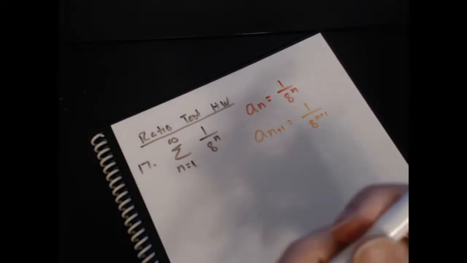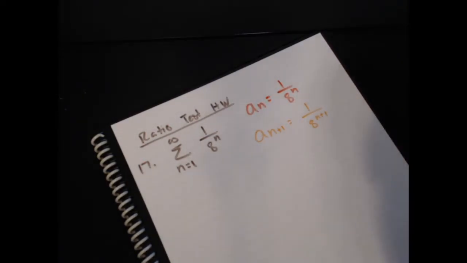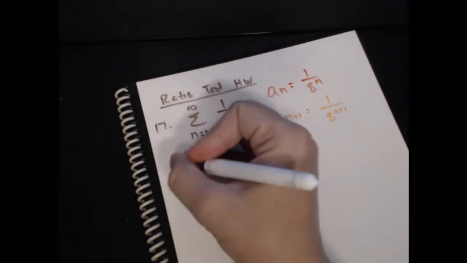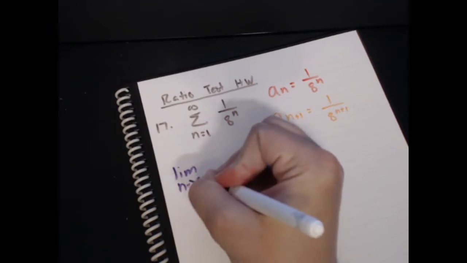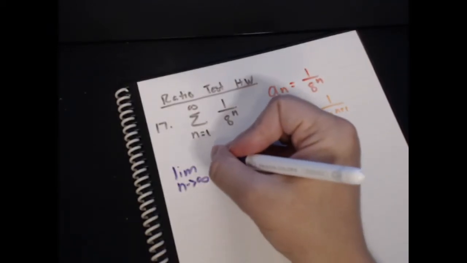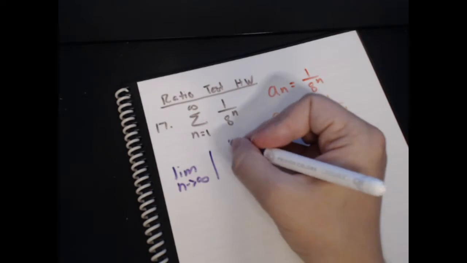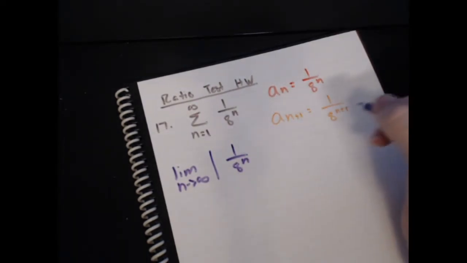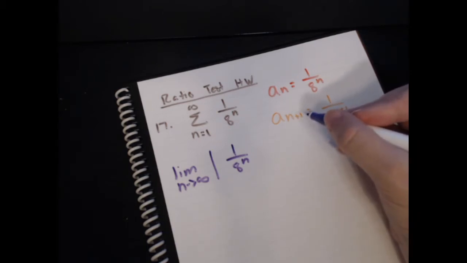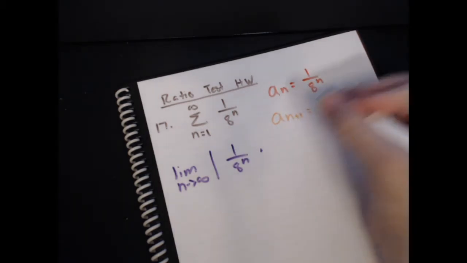We just want to remember that we have the limit as n approaches infinity of a sub n, which is 1 over 8 to the n, divided by a sub n plus 1, so we're going to keep, change, and then flip.